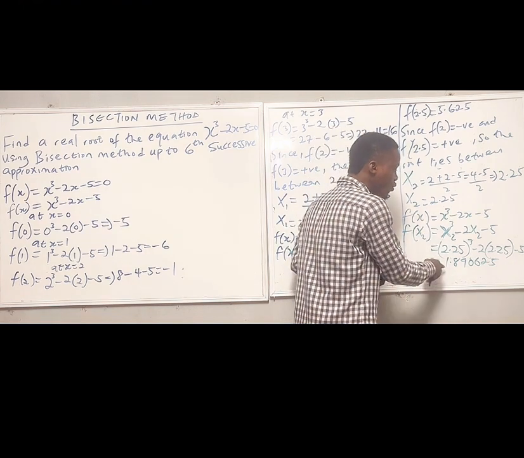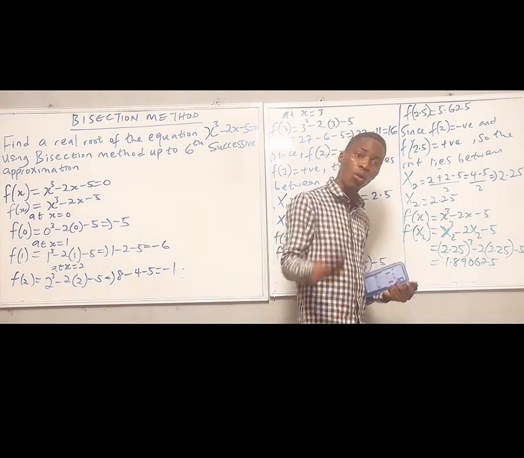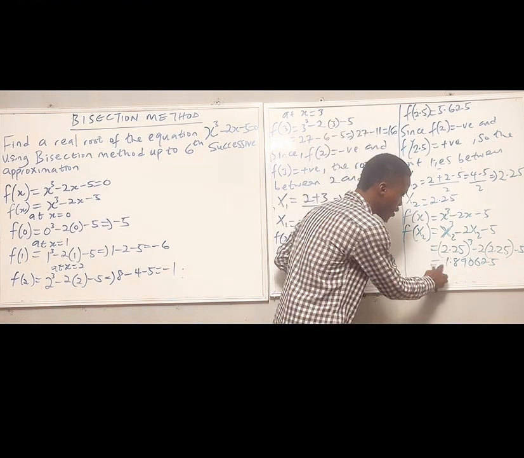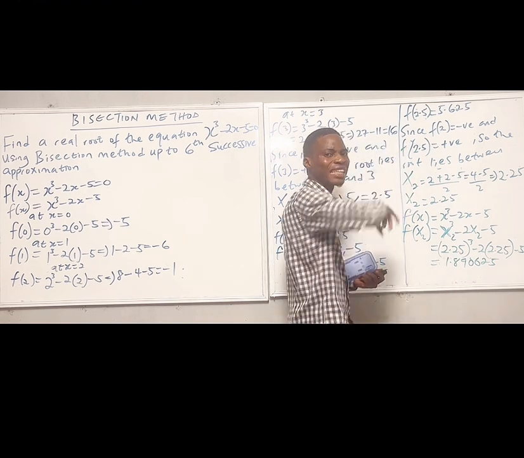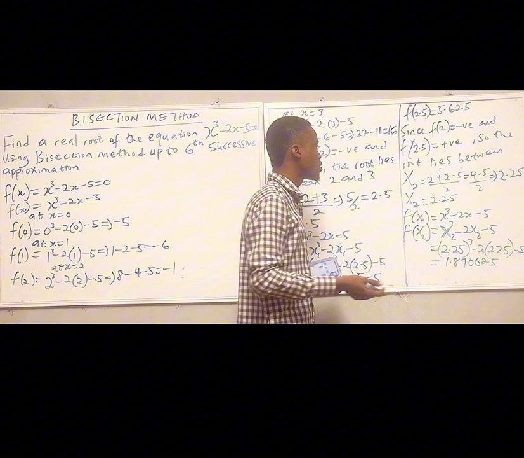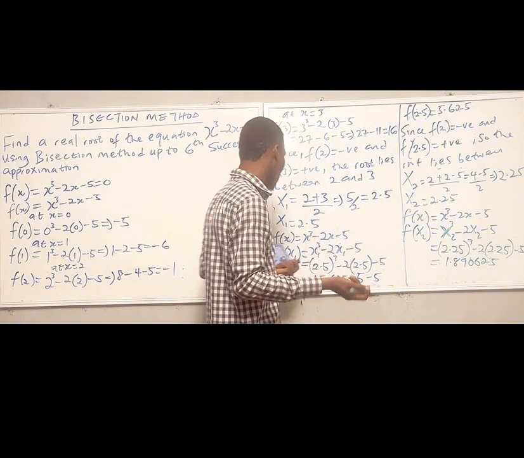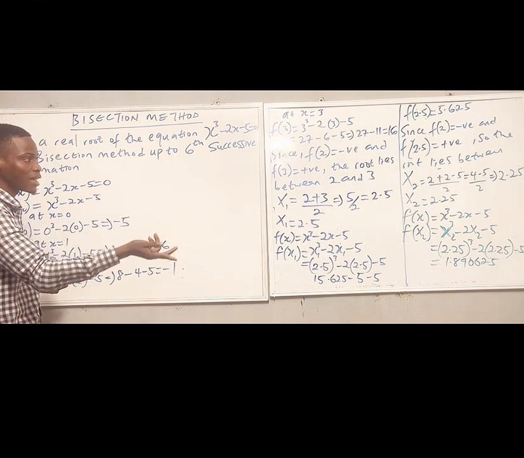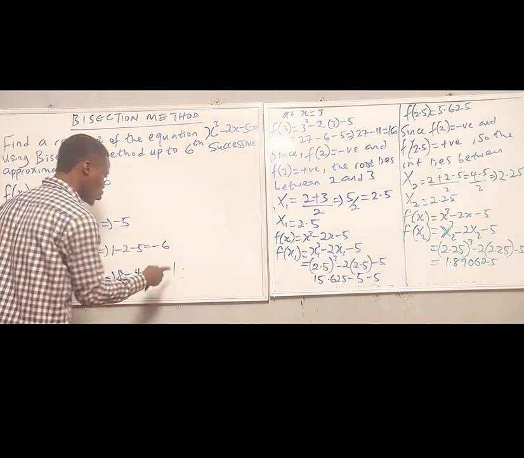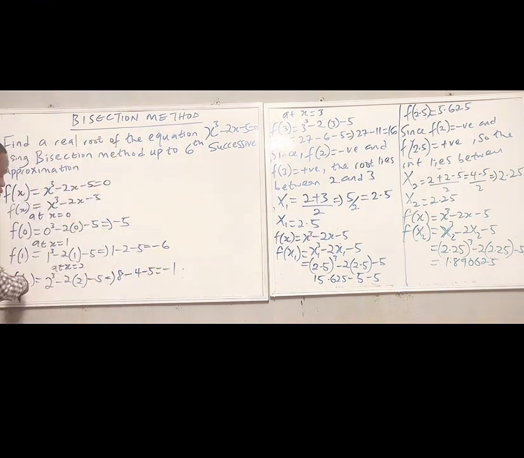So this f of x will determine where my root lies. The sign here is positive, so I have to go back to my last negative. My last negative is -1, and what gave me -1? f of 2.